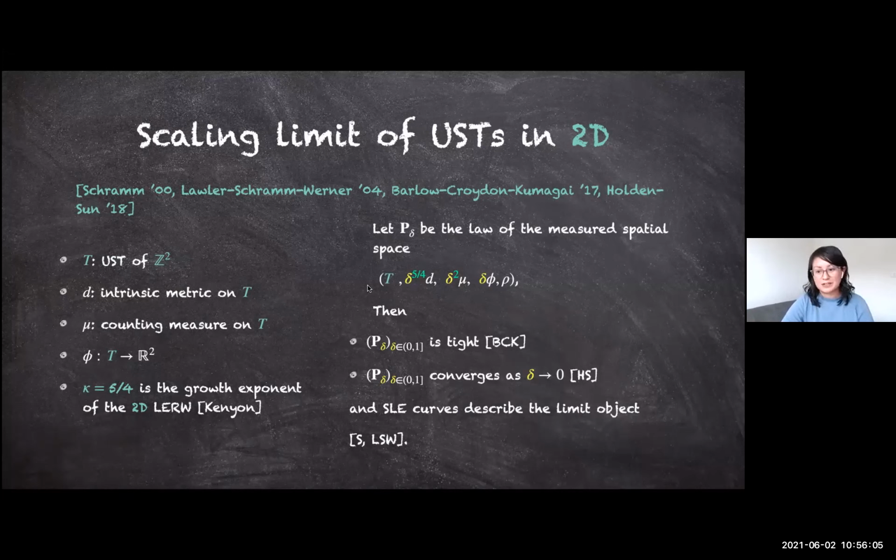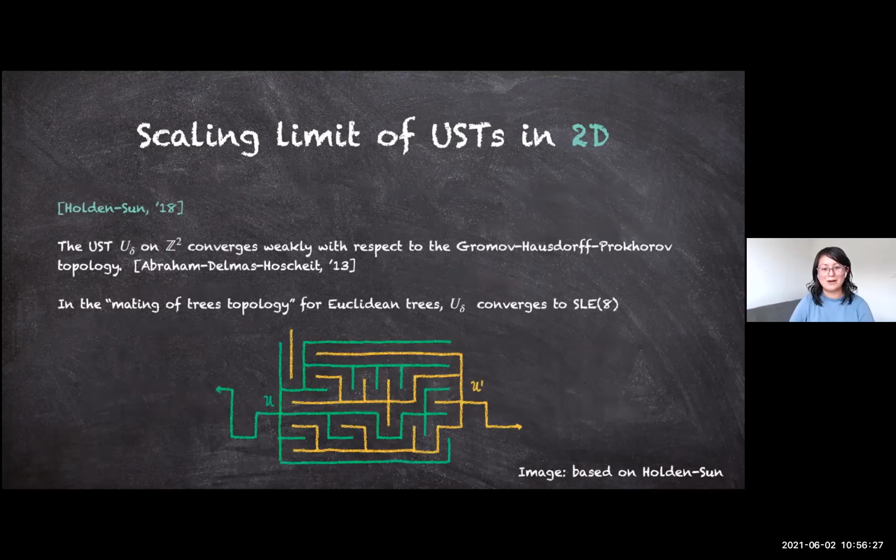In that paper, in this framework, they were able to prove tightness, but the convergence comes from a slightly later result from Nina Holden and Xin Sun. And this is not formulated in this context. This is something that they got from this mating of trees approach. So this is where they can take the whole power of the 2-dimensional case.